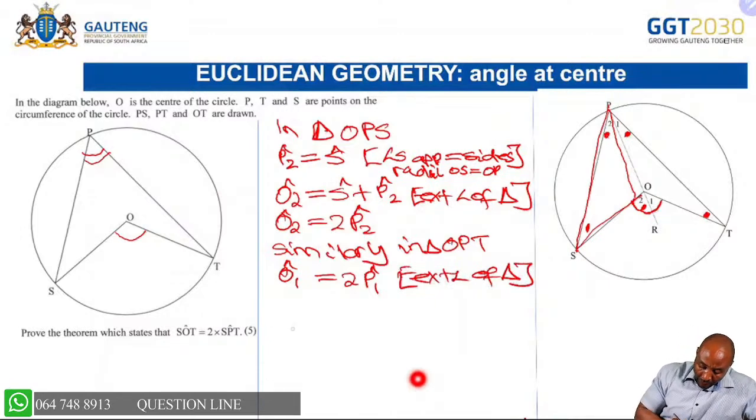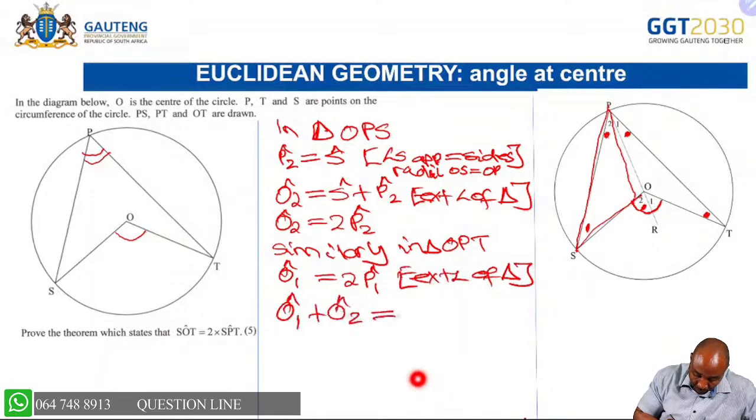Now, I can move on and say my angle O1 plus my angle O2, I substitute for my O1. My O1 is 2 times P1 plus 2 times P2 for my O2. But my angle O1 plus O2 gives me my angle SOT.